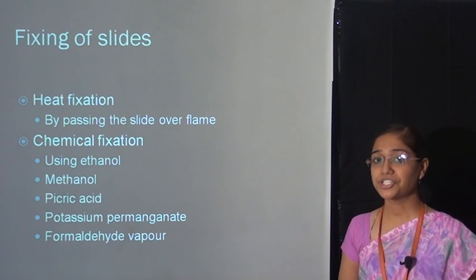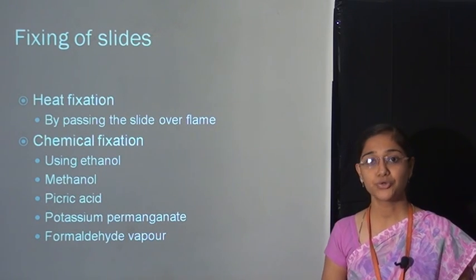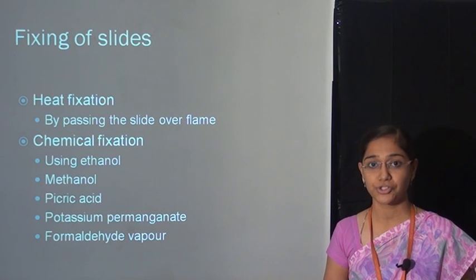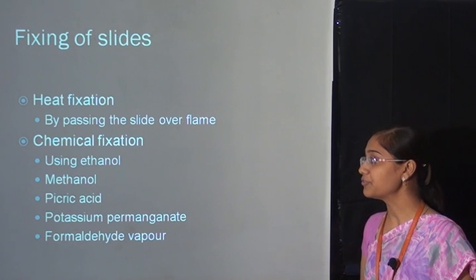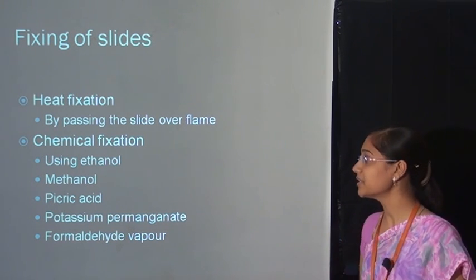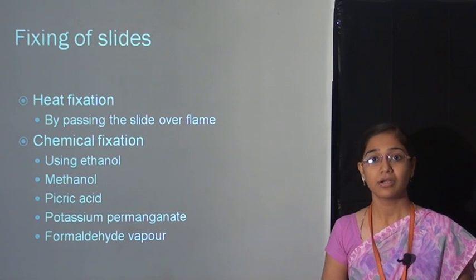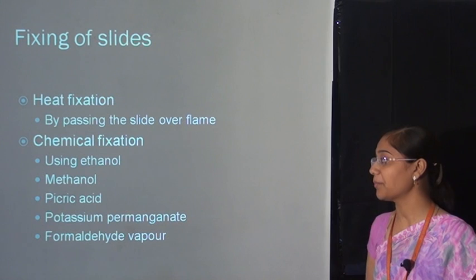Then the most important part, fixation of the slide. There are two methods for fixation. Fixation is very important. The first one is heat fixation, by passing the slide over the blue flame 3 or 4 times. The next one is chemical fixation.